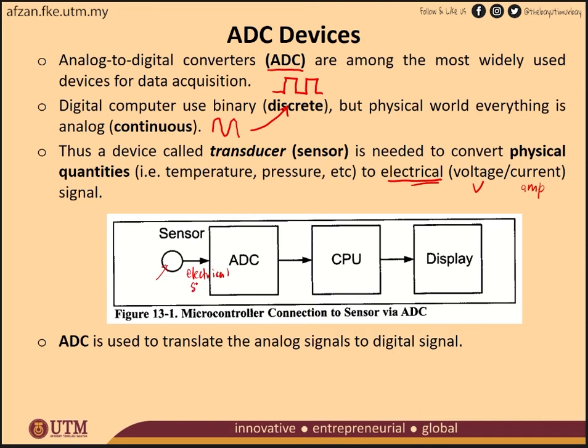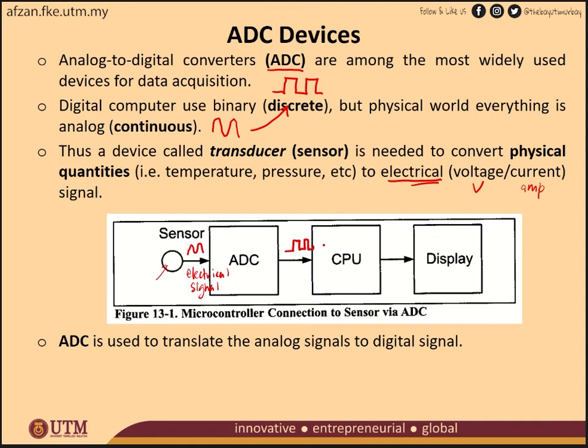From this electrical signal, next you need to feed it to the ADC, which will convert this electrical signal, your continuous or analog signal, to a digital signal.